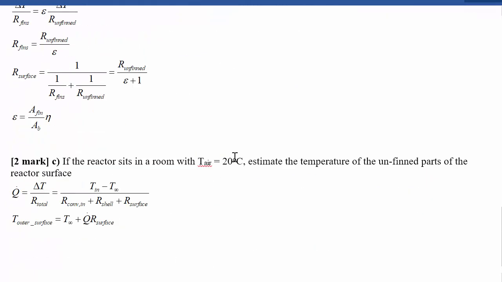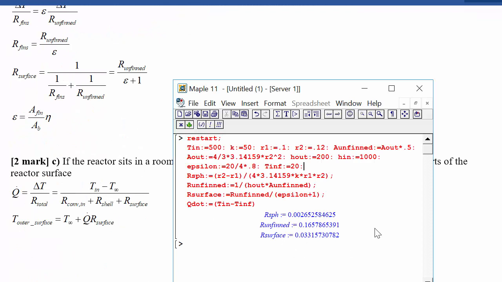Oh, it's down here. Yeah, 20 degrees. Okay, perfect. And then to get the heat flow, we take that temperature difference and divide it by the total resistance, which was, we didn't calculate the internal convection resistance, but we can do that pretty quickly. 1 over H in times A in. I guess we need to figure that out too.